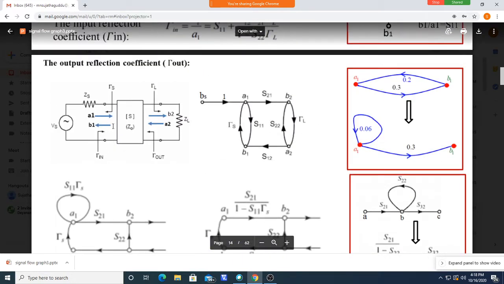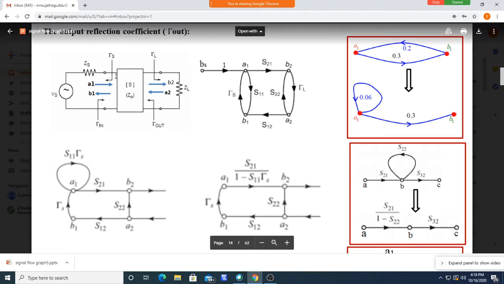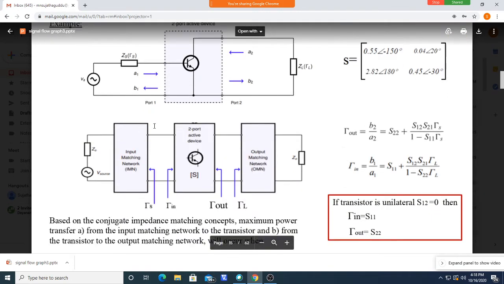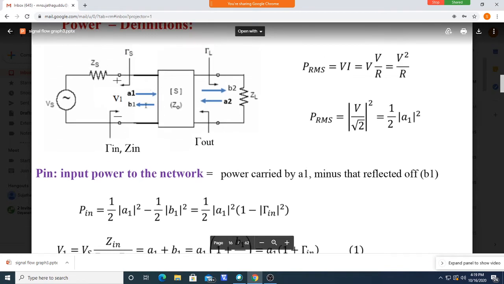For maximum power transfer, tau in must be the complex conjugate of tau s. Similarly, tau out must be the complex conjugate of tau l. Then maximum power will be delivered. That is nothing but ZS being the complex conjugate of Zin. Zin means looking into this direction here.